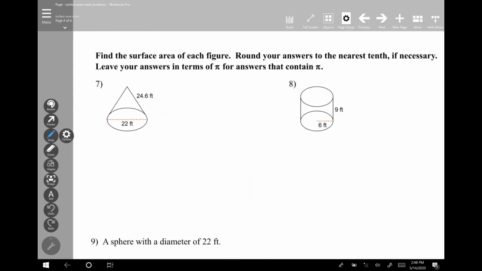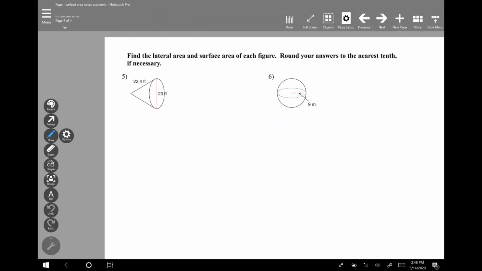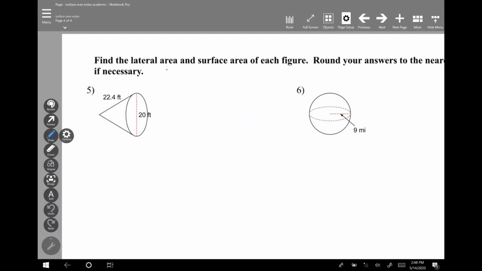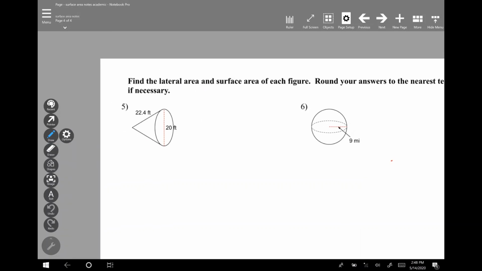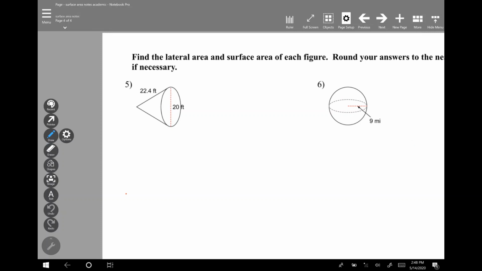So for a cone, lateral. Okay, and this one again, it says we want the lateral and the surface area, and it says round your answers to the nearest tenth. So lateral is pi r l.